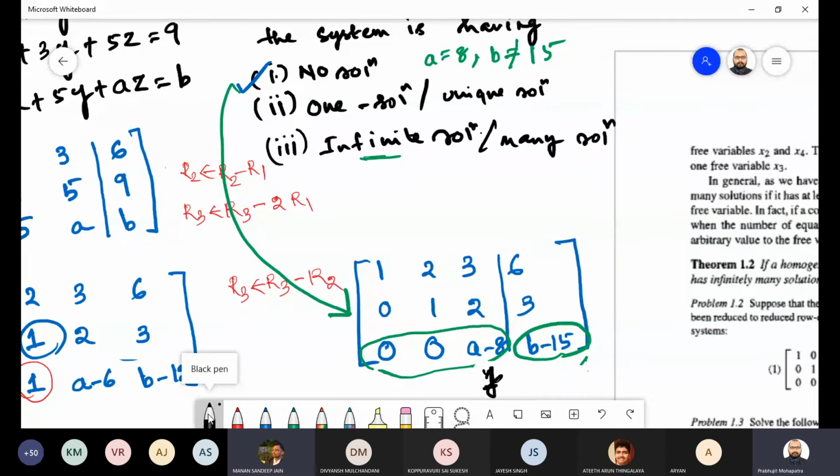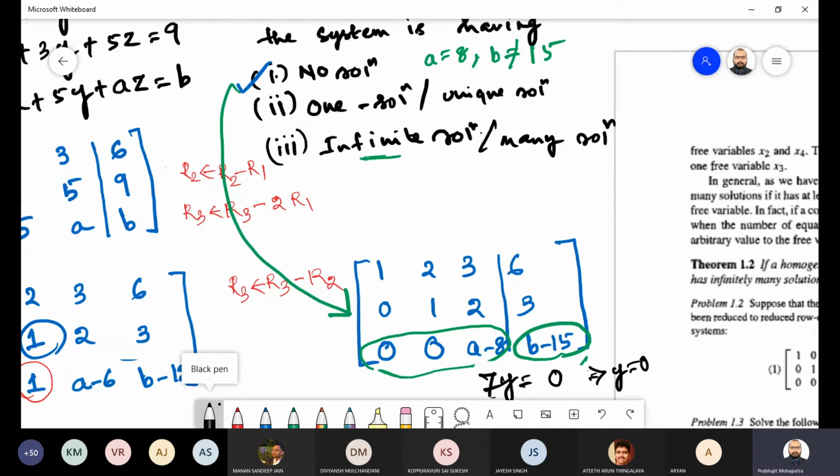The right hand side can be 7 for example, or any value. So the left hand side is 7y and the right hand side is 0, which means y equal to 0.